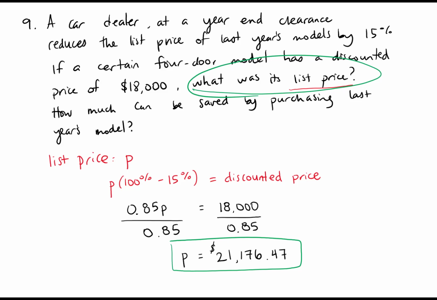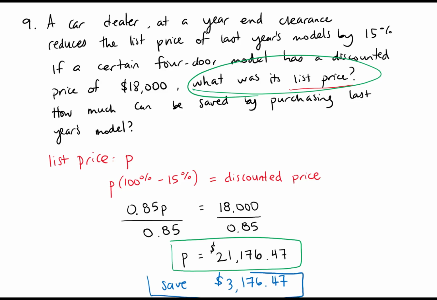So if we know it was 21,000 something, we're going to subtract last year's model to get our second answer, and that's going to be $3,176.47. Once again, I used my calculator for that. You can save that much money.